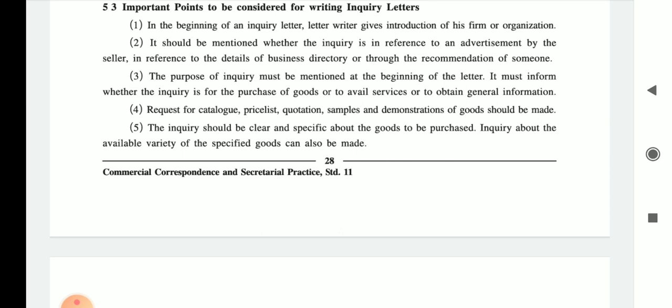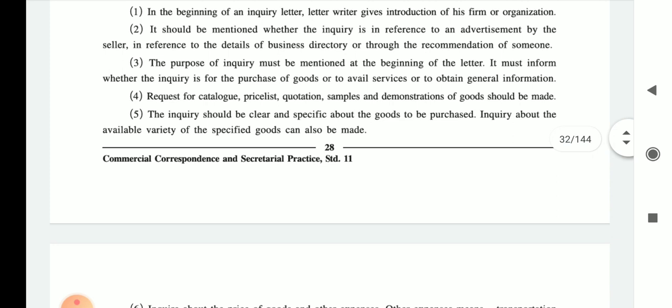It means if you got information from someone who suggested you purchase things from us, mention that. Next is the reference of the business directory, as well as the advertisement in a newspaper. So how you were able to get details about us, and what type of reference led you to write this type of letter.